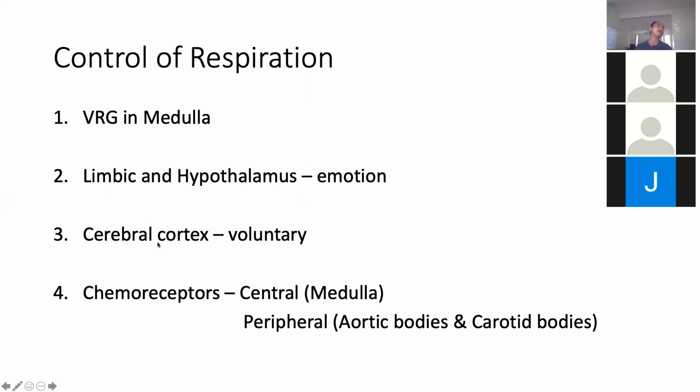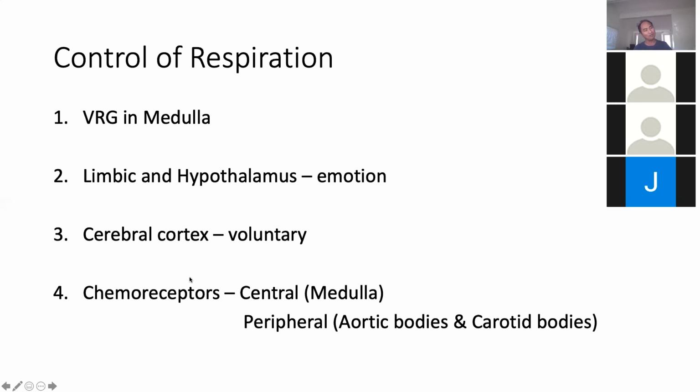And our cerebral cortex as well. So the cerebral cortex, we can make an effort, that is just like voluntary, active. I'm just making it up. So this increase in respiratory rate comes from the respiratory group as well.